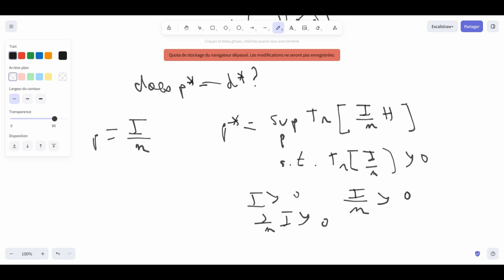And so it respects the Slater theorem because the primal is strictly feasible, so P star equals D star and is achieved for some lambda normally.